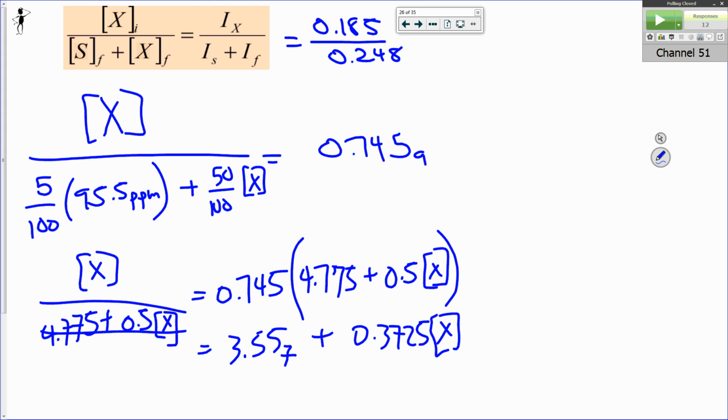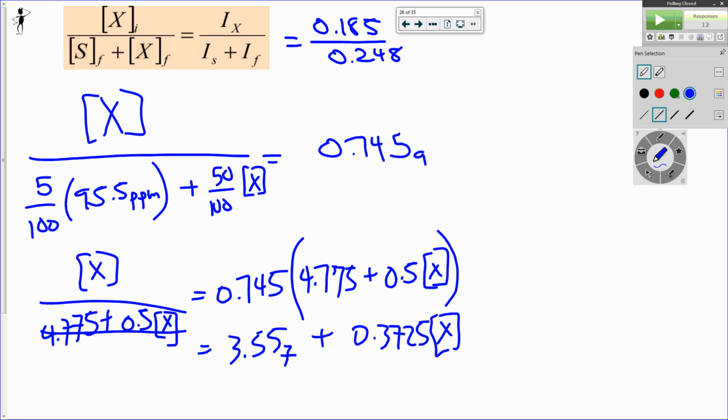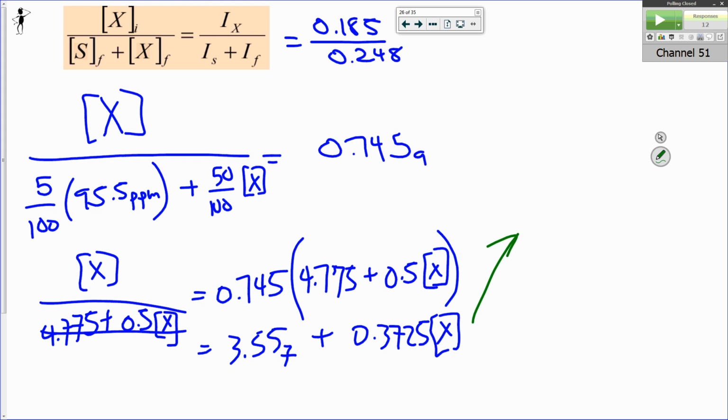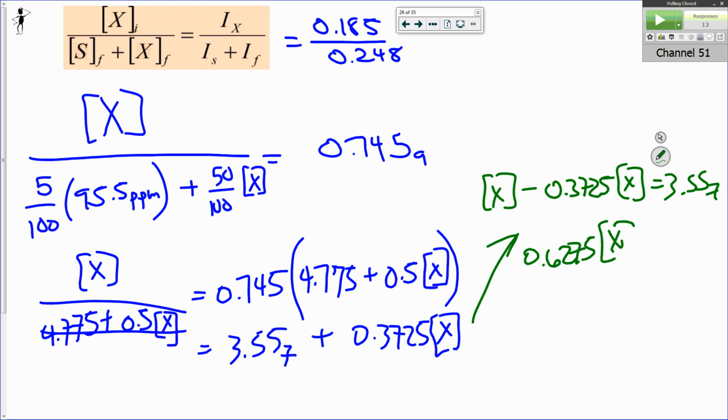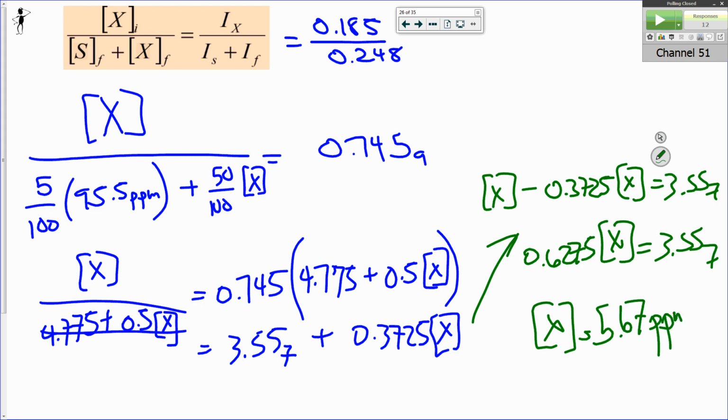Okay, I'm going to take and combine the X terms. Anybody else get that in their math?